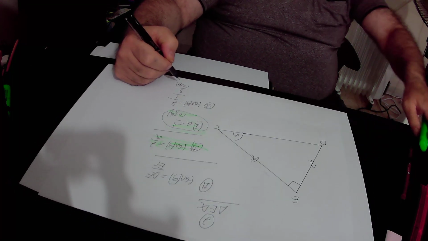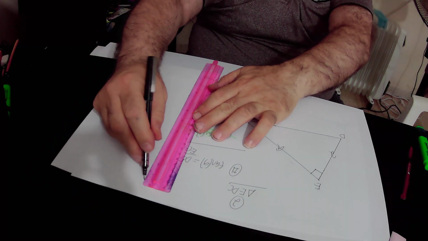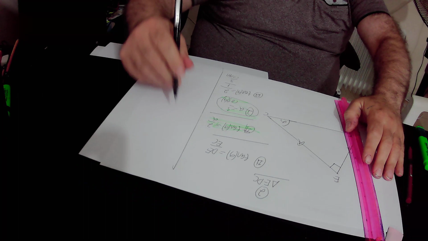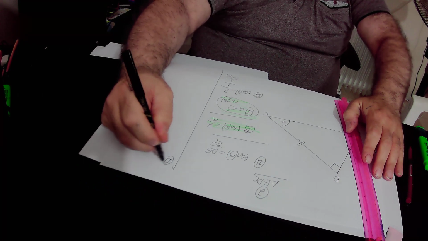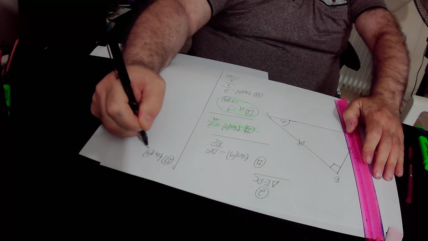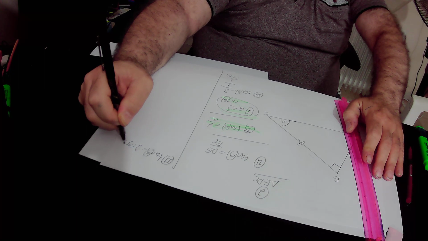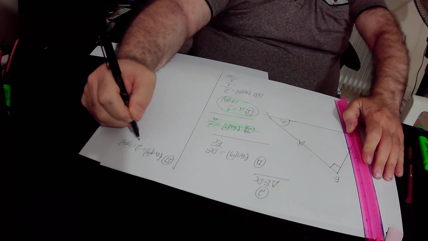And we'll get that according to equation number 2, tangent alpha equals 2 times cosine alpha over 3.